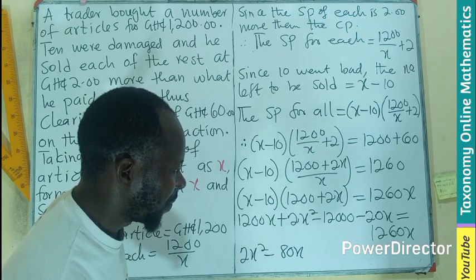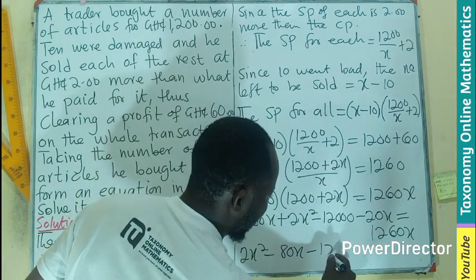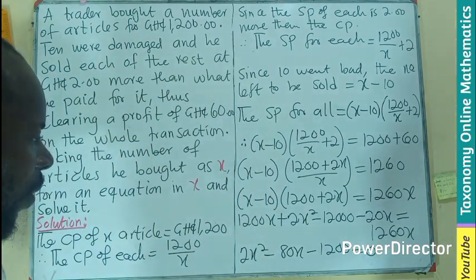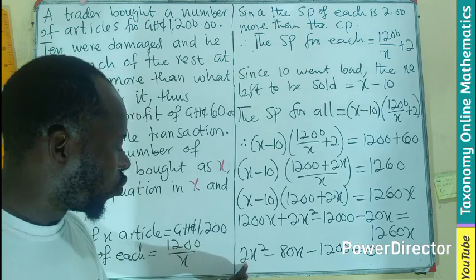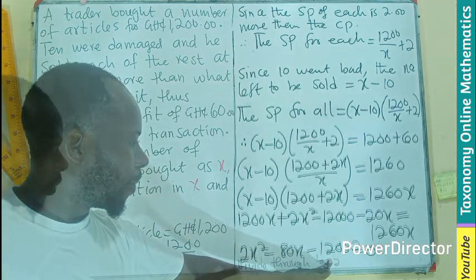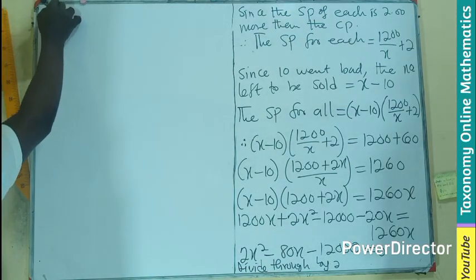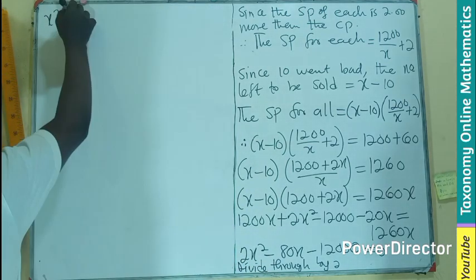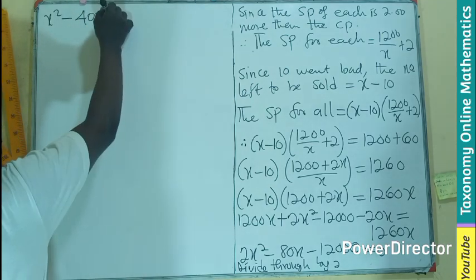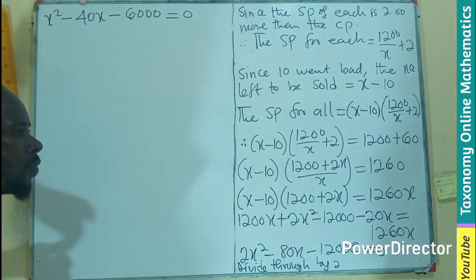What will be left? In this case, we should be left with only minus 12000 equals what? 0. Can we use any other common factor? I think 2 can divide here, here, and here. So dividing through by 2 will give you x squared. Dividing 80 by 2, 40x. Dividing 12,000 by 2 will be 6,000 equals to 0.